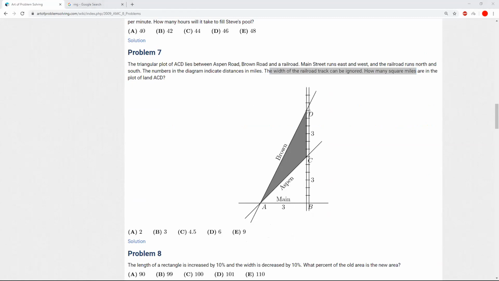Remember, as a hint, this can be our base. And then this will be our height.